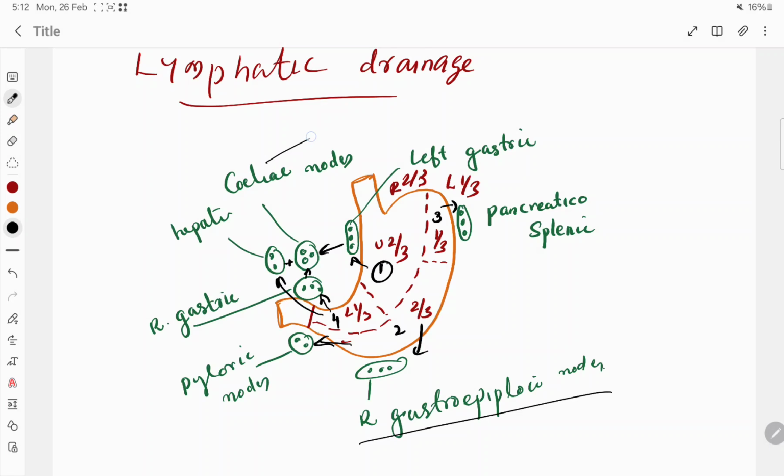From the celiac nodes, the lymphatics go to the cisterna chyli. What is the cisterna chyli? The cisterna chyli is the proximal starting point of the thoracic duct.